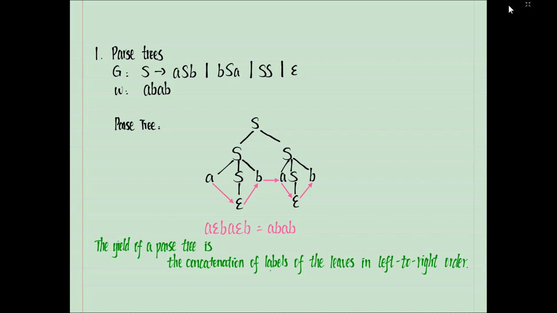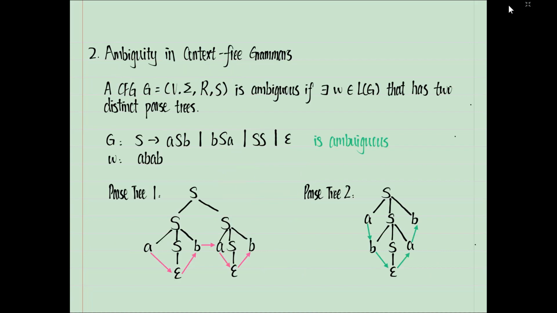And this abab is the yield of this parse tree. Formally, the yield of a parse tree is the concatenation of labels of the leaves in left to right order. And the yield only contains terminals. Now that we know the definition of parse trees, we want to use it to define the ambiguity in context-free grammars.